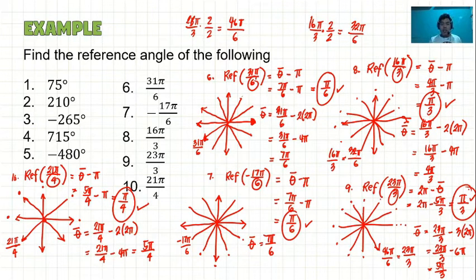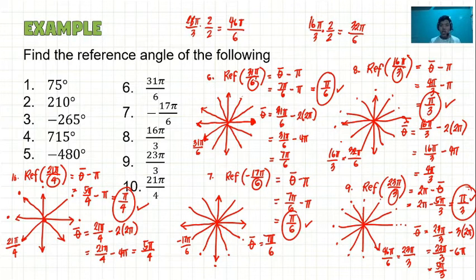reference angle. So for example, what is the reference angle of 41 pi over 3? So the answer is pi over 3. Okay, so that's how it is. What is the reference angle of, suppose we have 19 pi over 6? So the answer will be pi over 6.